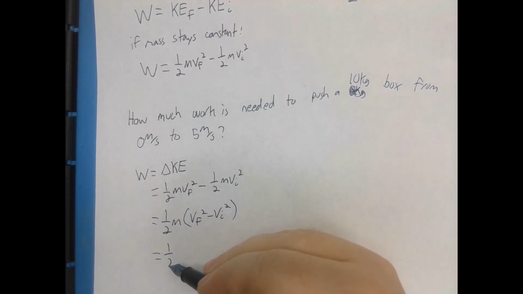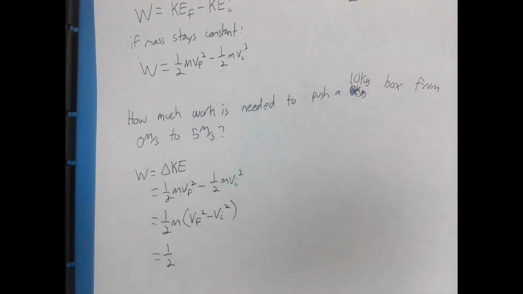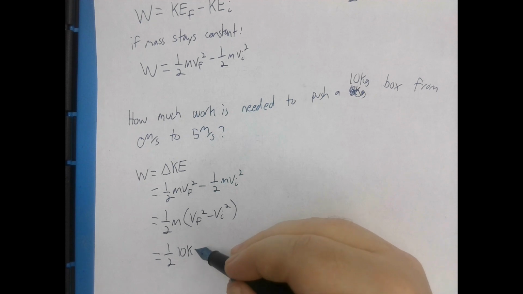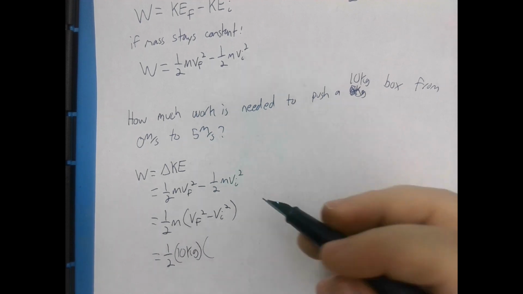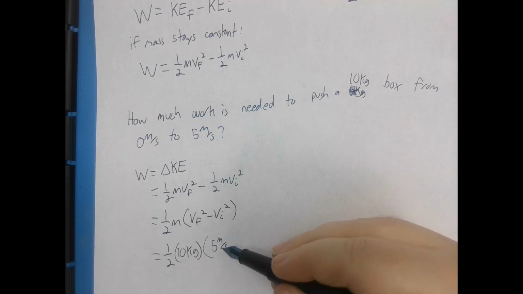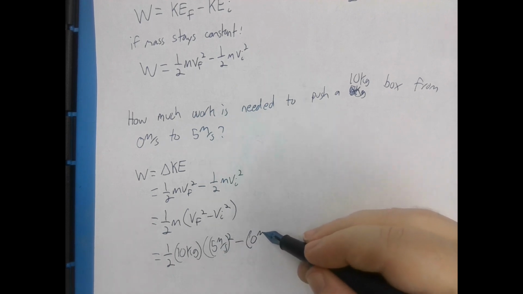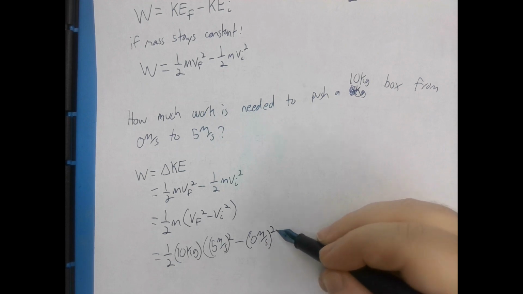So that'd be 1/2 times 10 kilograms times our final velocity, 5 meters per second, squared, minus our initial velocity, 0 meters per second squared.